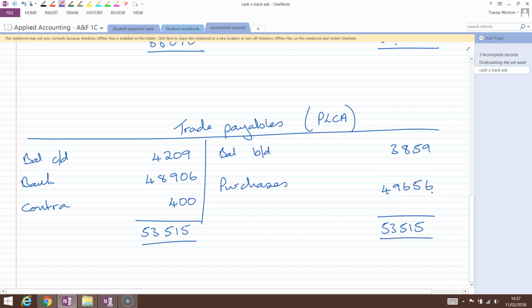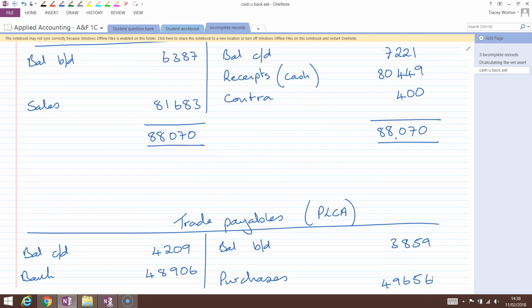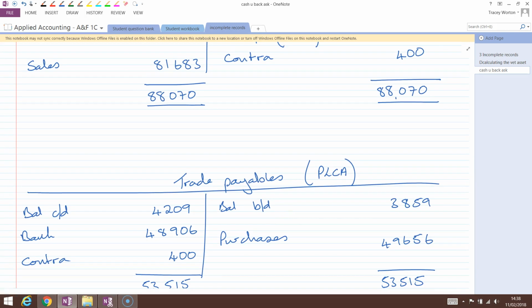So we're now in a position whereby we can actually do the trading account. So we've got our sales figure of 81,683. We have our purchases figure of 49,656, and from the question we've got the opening and closing inventory figures as well.